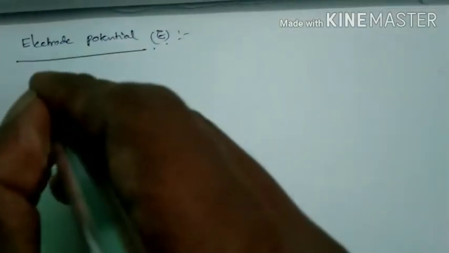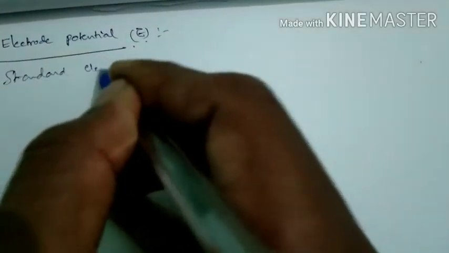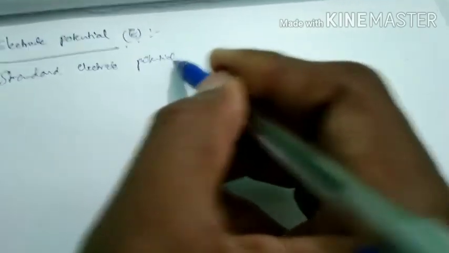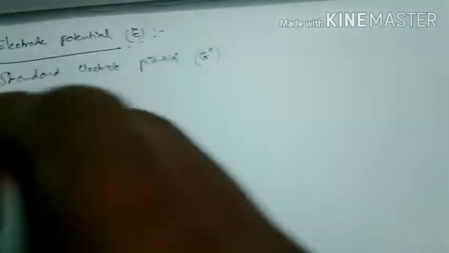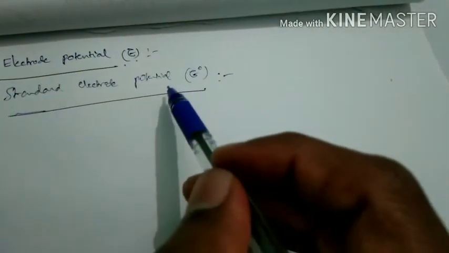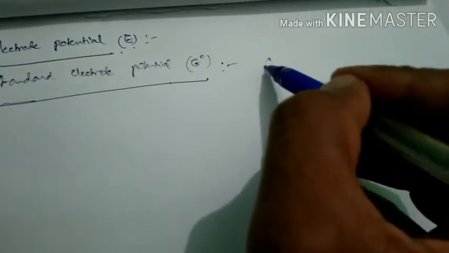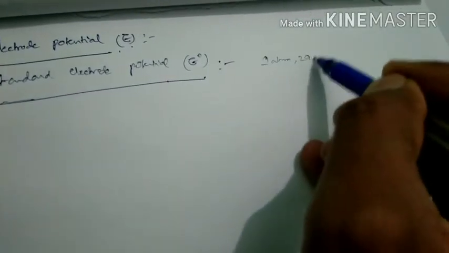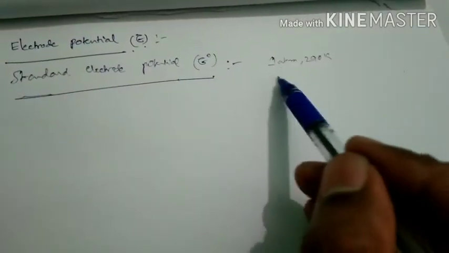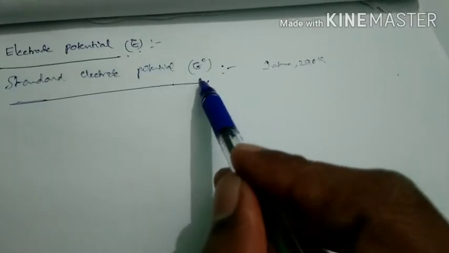One more definition is standard electrode potential, represented by E naught. The definition is: if the potential is measured under standard conditions, meaning 1 atmosphere pressure and 298 Kelvin temperature, then that is called standard electrode potential.